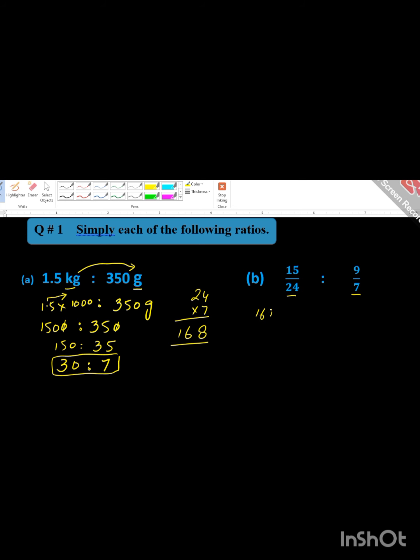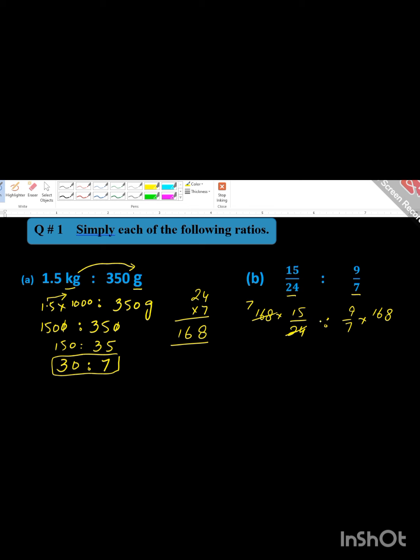So 168 multiplied by 15 over 24 ratio 9 over 7 multiplied by 168. So 24 and 7 are factors of 168. When we cut the 24, the 7 will be the answer.